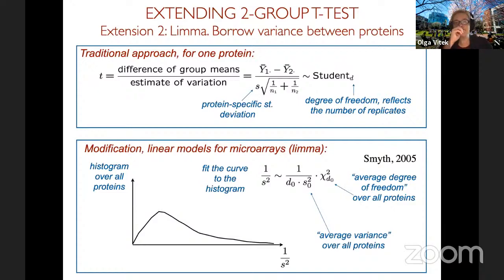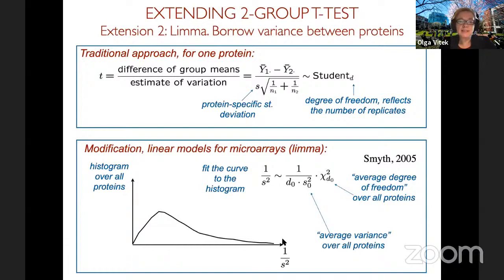So lemma takes a middle ground and says, okay, let us have the estimate of noise in the signal to noise ratio be a weighted average between the protein specific estimate of the variation and the estimate of variation which assumes that all the proteins come from the same distribution. So specifically what is happening is that we will proceed by estimating variance separately for each protein. And then we can essentially draw a histogram which looks at the inverse of these estimates of variation across all of the proteins.